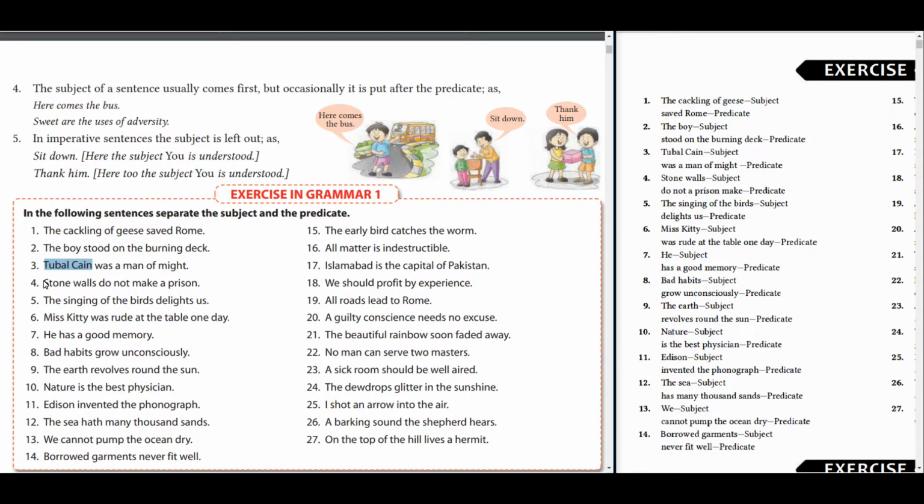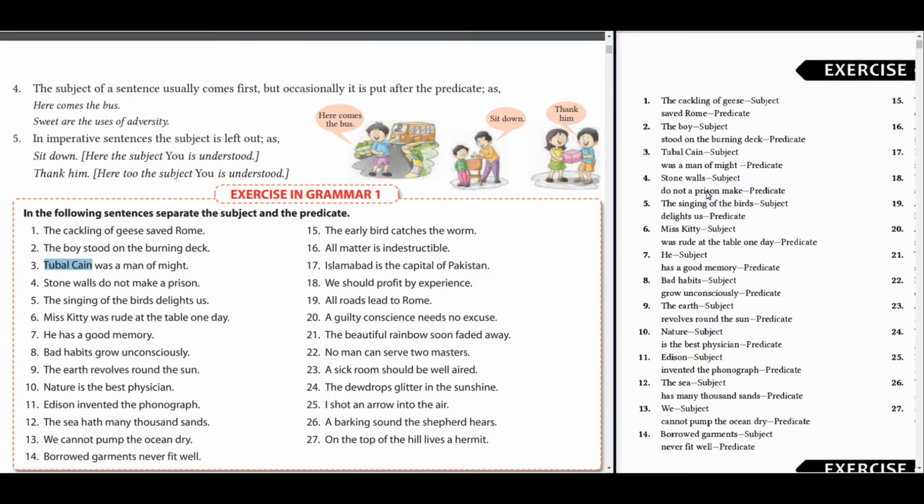Fourth example. Stone walls do not a prison make. Okay, let's get number 4. Stone walls is a subject. You know why? Who is doing work in this sentence? Stone walls. And the rest is a predicate.